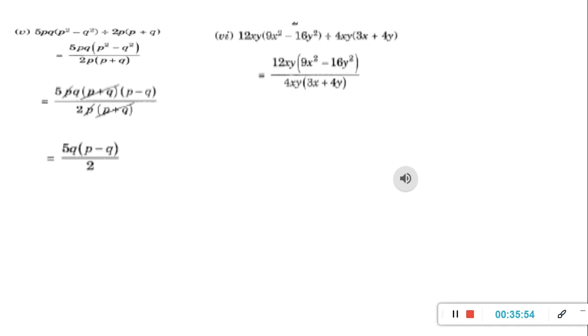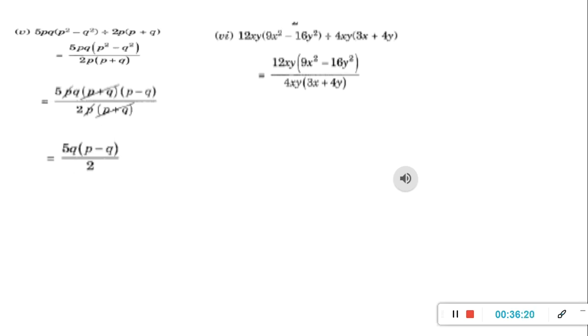Sixth one. 12xy into 9x square minus 16y square divided by 4xy into 3x plus 4y. Here also we can factorize 9x square minus 16y square. We already did the same question in the previous factorization questions, right? So here a square minus b square.